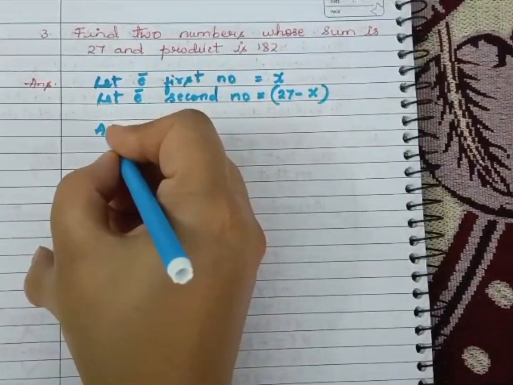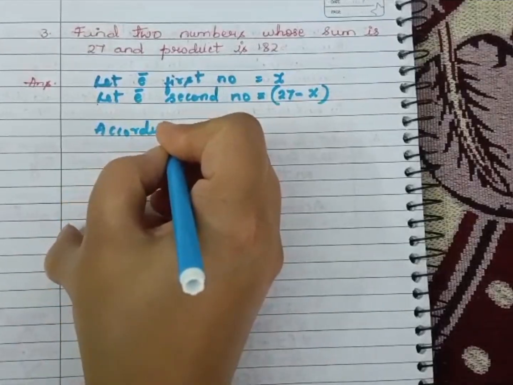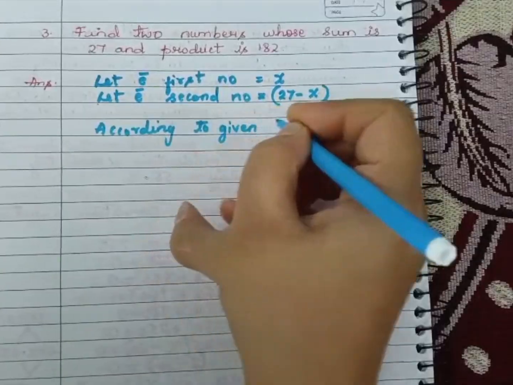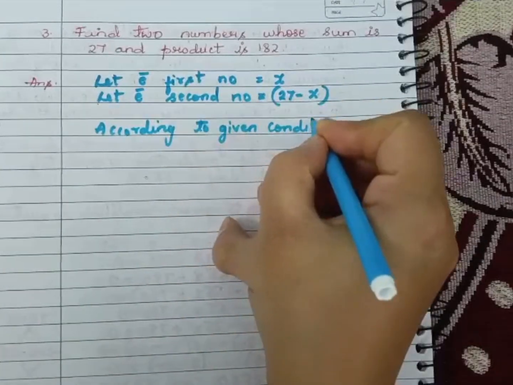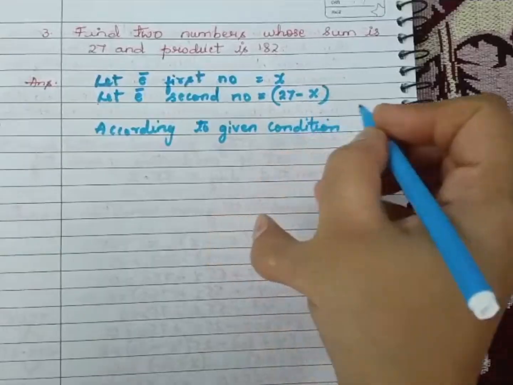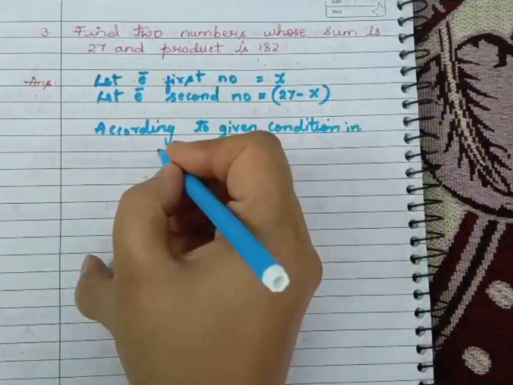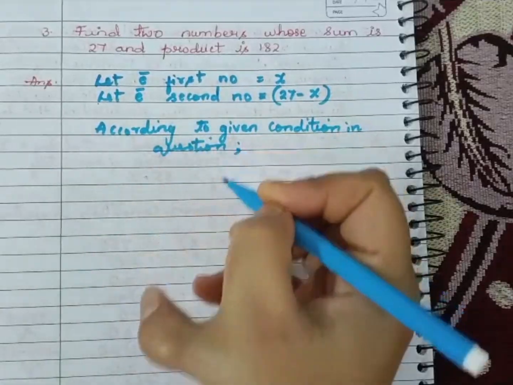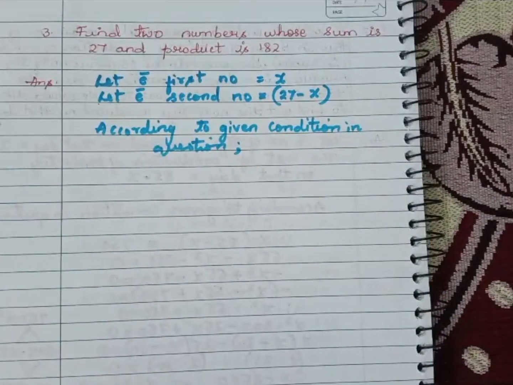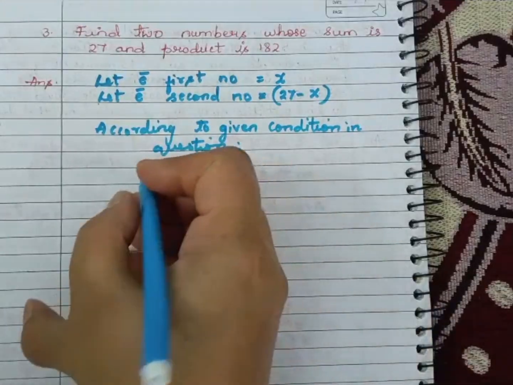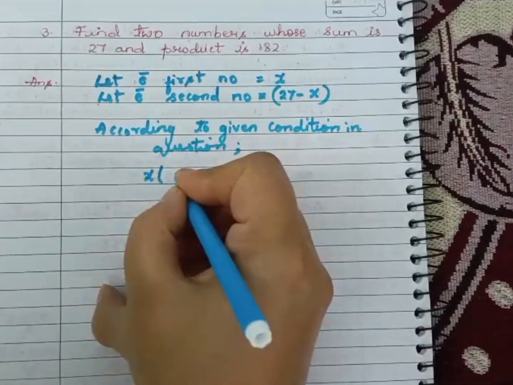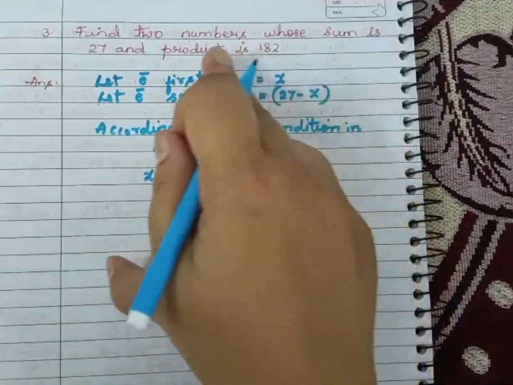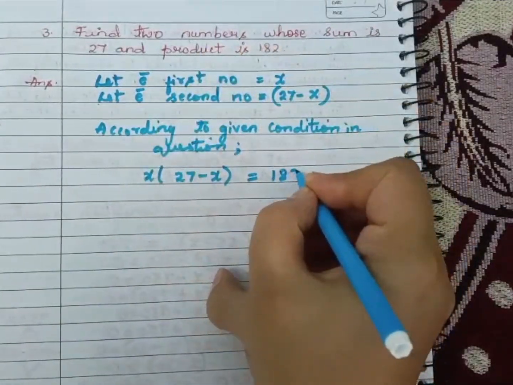Now, according to the given condition in the question, that is x of 27 minus x is equal to the product, 182.